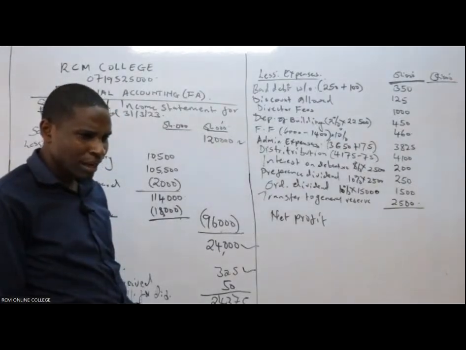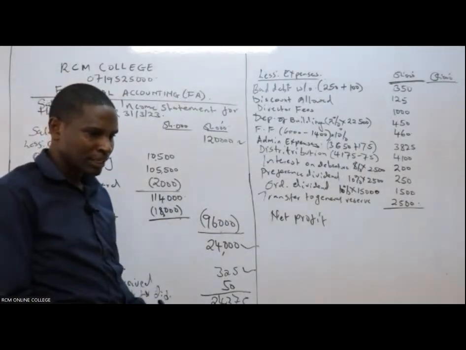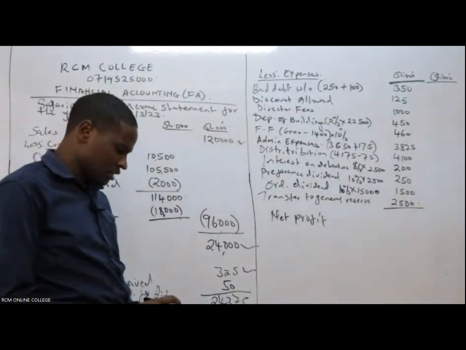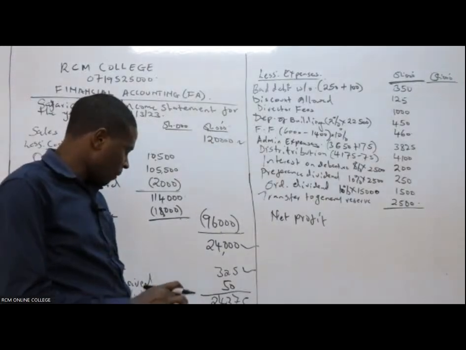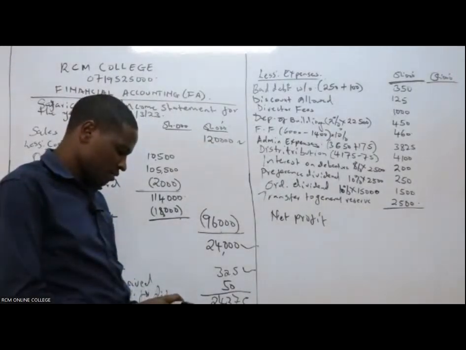Now Sharon has got 14,760. Sharon now gets 14,760. When we subtract, 24,375 minus 14,760.